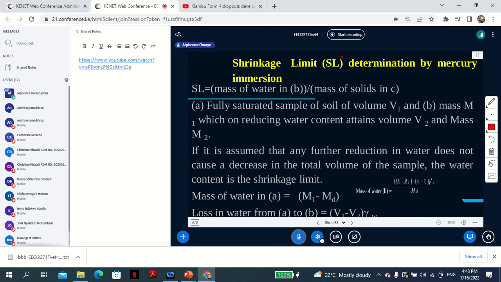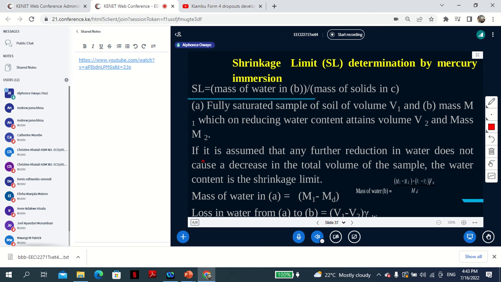Now, this shows you how to determine the volumes. That's just some easy mathematics. So shrinkage limit is mass of water in B over mass of solids in C. You use some physics there, you study for yourself.